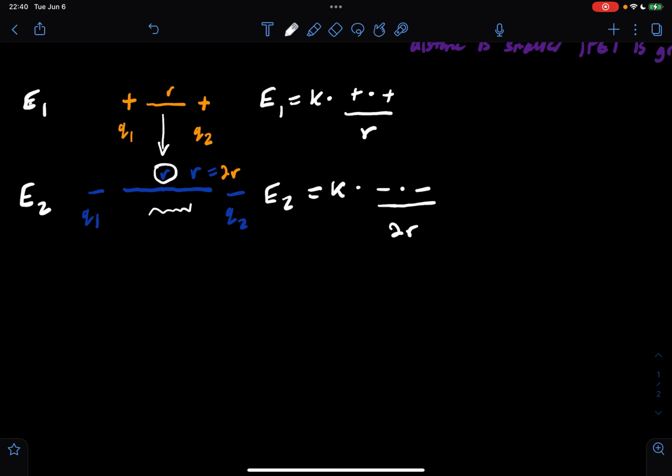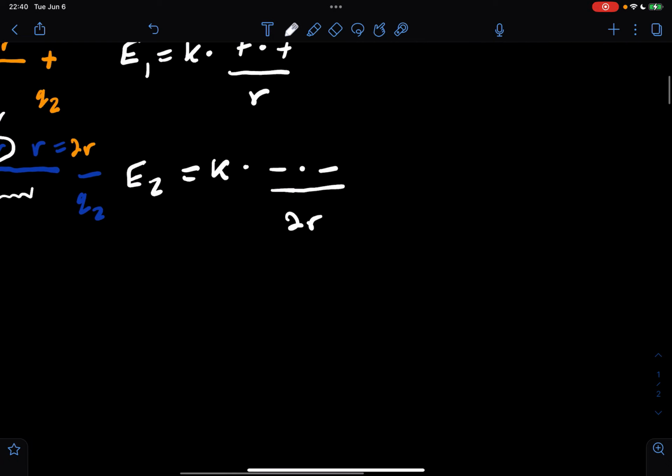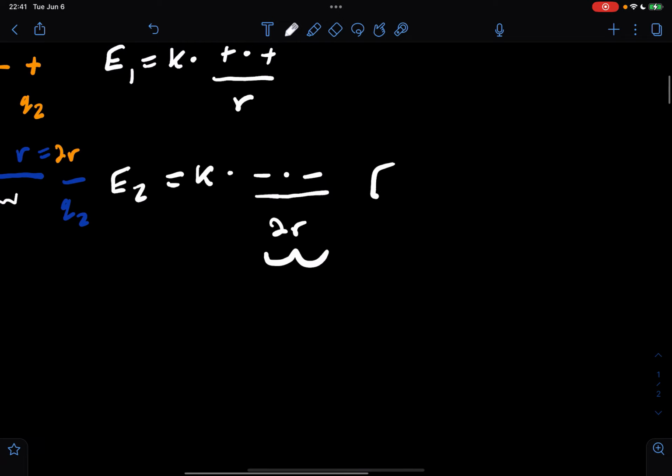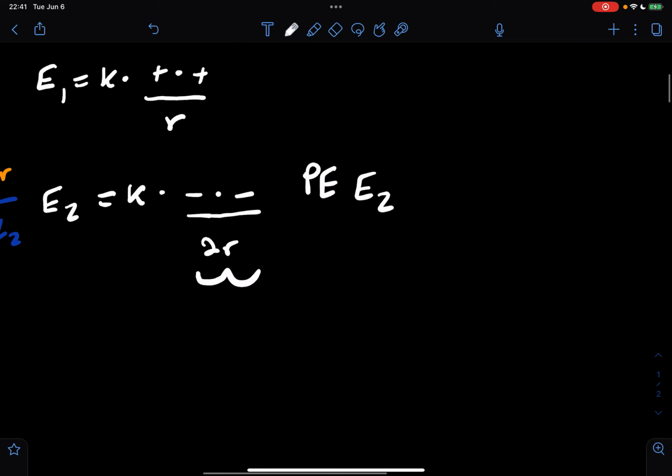And what we actually end up finding is that E2 is going to be much smaller, right? Because we're dividing by a larger denominator. So the potential energy of E2 is smaller than the potential energy of E1.